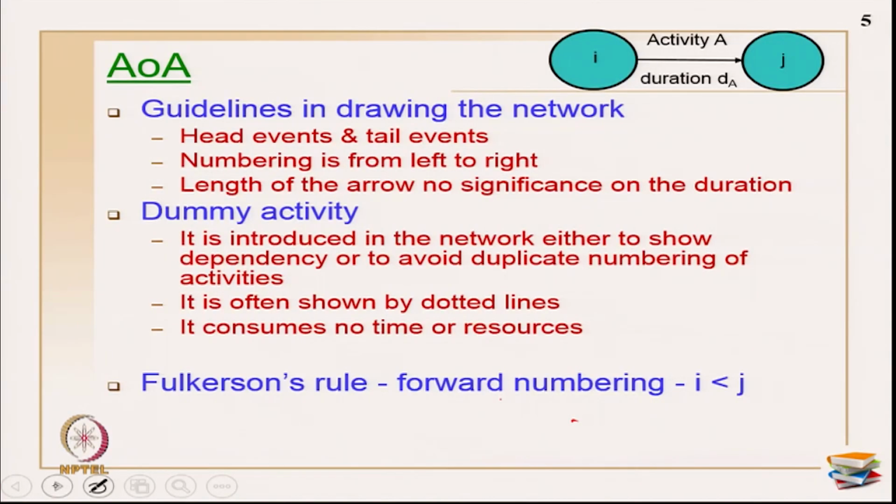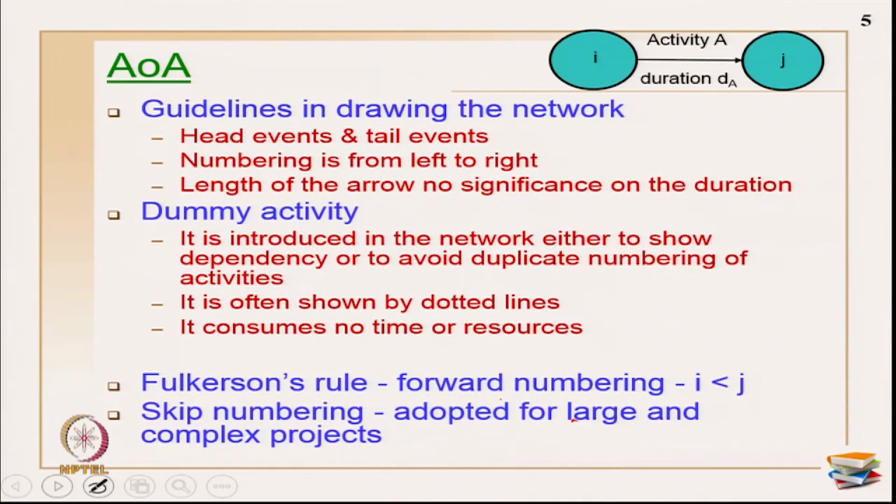There is something called Fulkerson's rule. That talks about the forward numbering. So, I always has a number which is less than J, and there is also something called skip numbering, adopted for large complex projects. Every project, whether it is a medium or large project, generally has changes that are unavoidable.